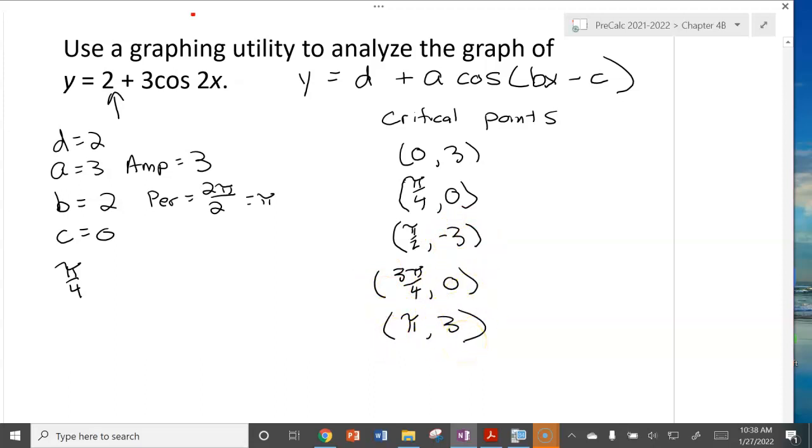Now it says use graphing utility. So let's go ahead and graph this and see if we get what we were expecting to get.